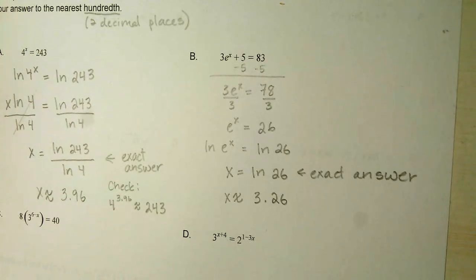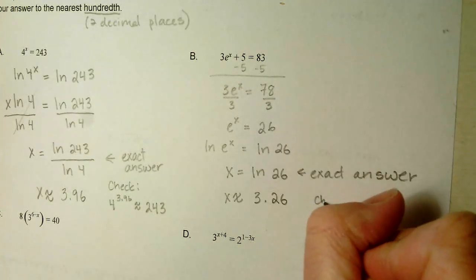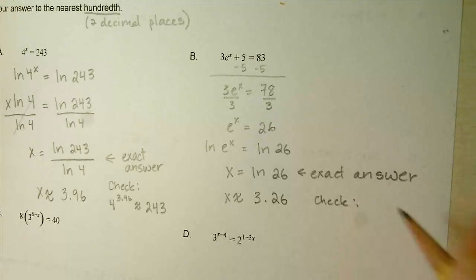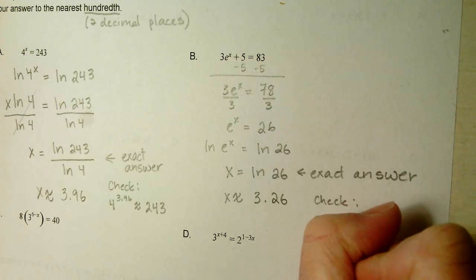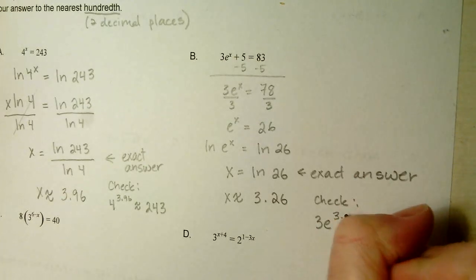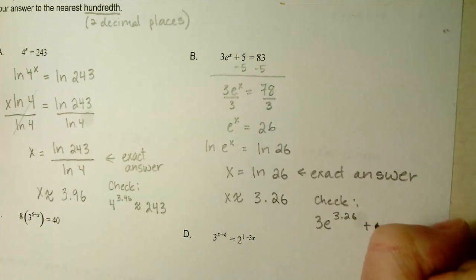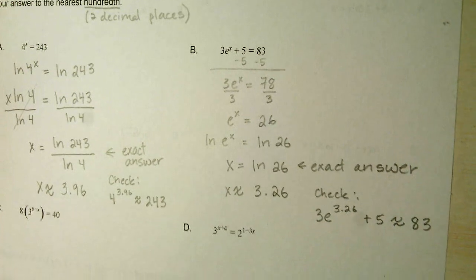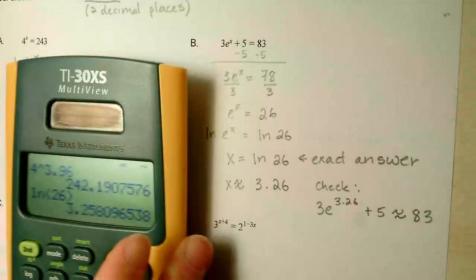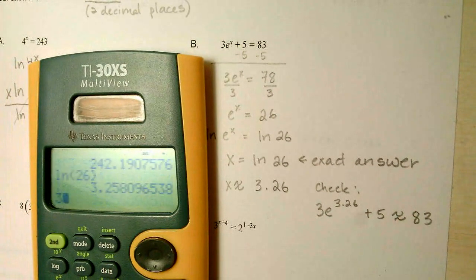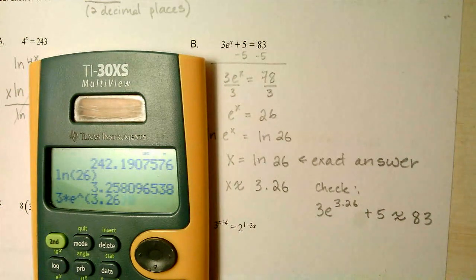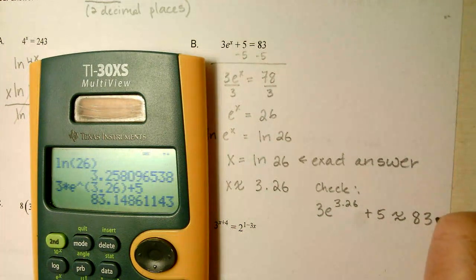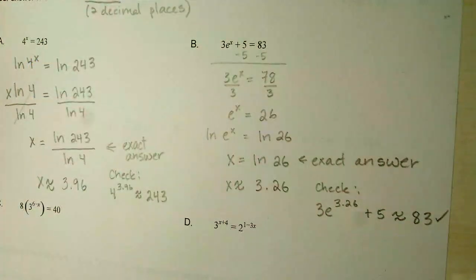And again, if we want to check this, I'm seeing if 3 times e to the 3.26 plus 5 is about 83. So 3 times e to the 3.26 plus 5, very close to 83, so my answer checked.